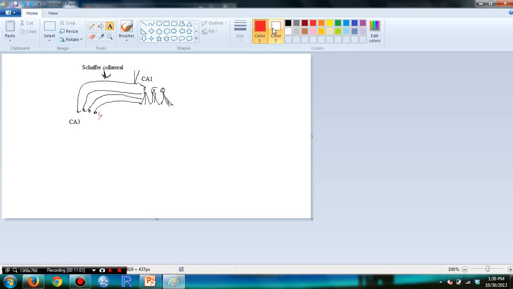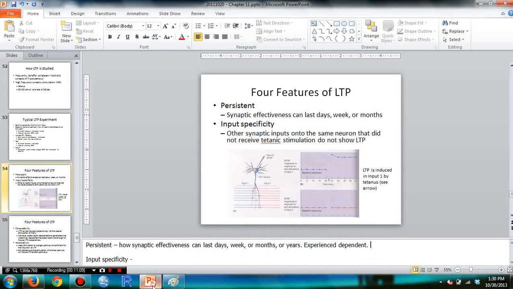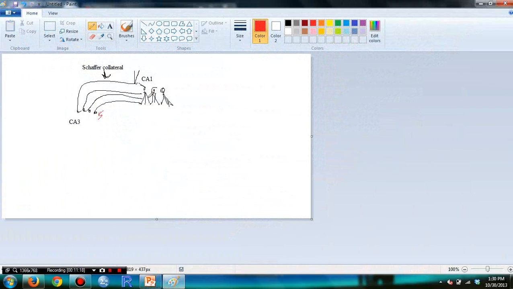It's input specific. So here's one question. Well, we know that it actually increased the efficiency here, because I did baseline and then I did a test after the tetanus. So we know that it increased the efficiency here. Question. Maybe it just made this neuron more sensitive altogether? Maybe if we stimulated here, this neuron would just respond in general to everything more.